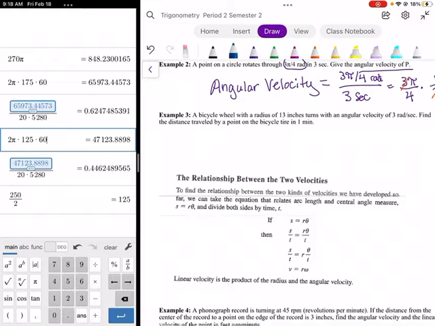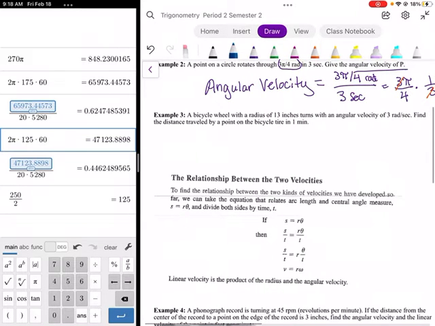Our next example is a bicycle wheel with a radius of 13 inches turns with an angular velocity of 3 radians per second. We're going to find the distance traveled by a point on the bicycle tire in 1 minute. So this problem has a lot of information that we're going to break apart. One thing from, I believe it was section 3.4, we talked about how 1 radian is equal to the length of the radius.